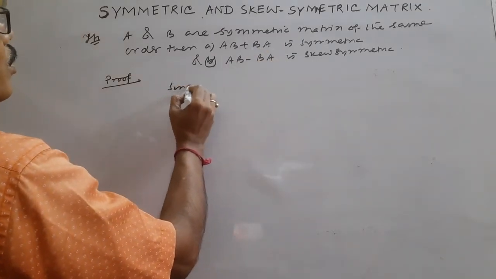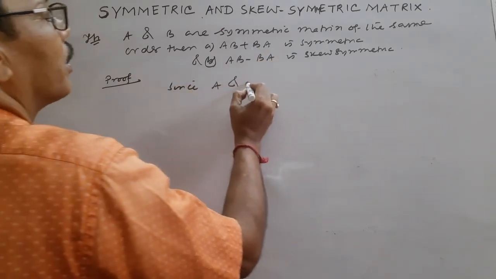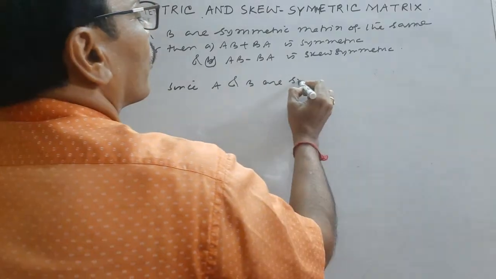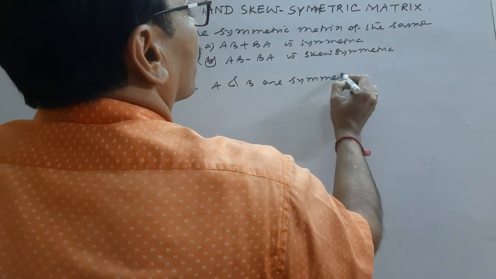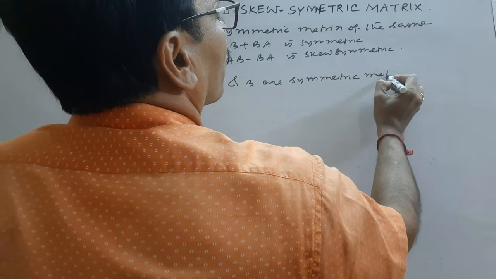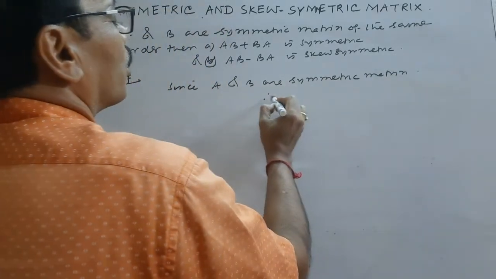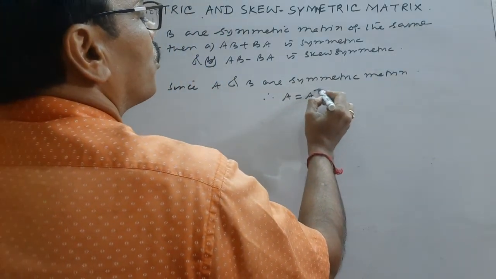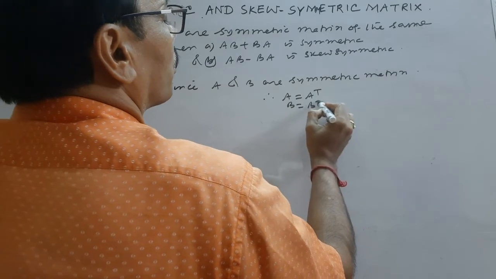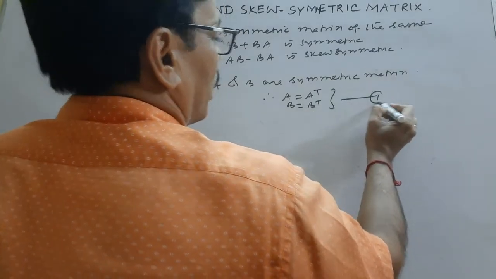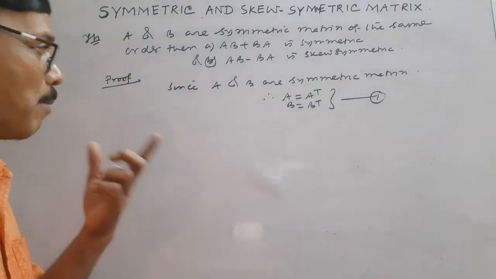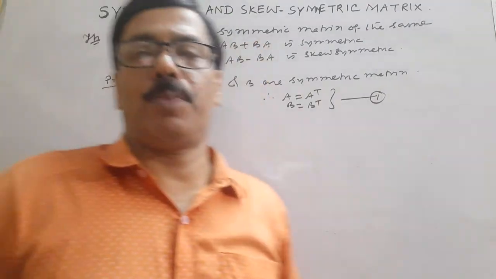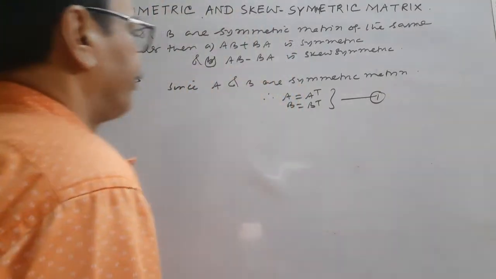Since A and B are symmetric matrices, therefore A equals A transpose, B equals B transpose. Call it 1.